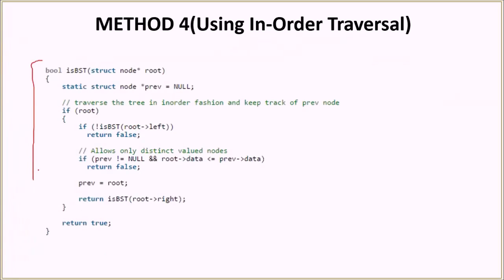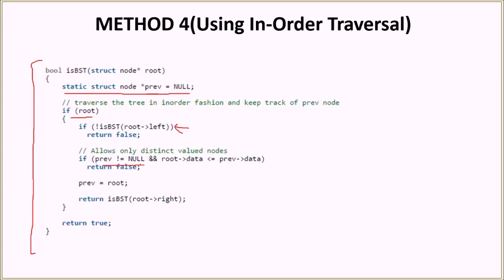So we are basically having a static variable here so that we can access the previous variable in different calls, and we check if the root exists. Then we go to the left subtree first of all as per the in-order traversal. Then, because we are only allowing distinct values, we check that previous is not equal to null, because in the first case the previous will be null.